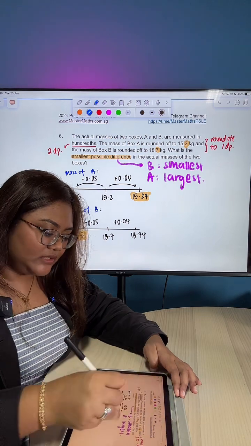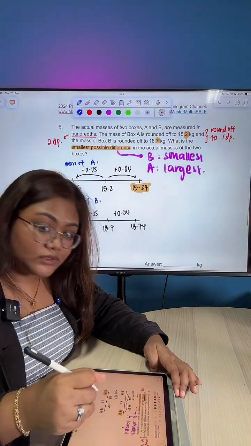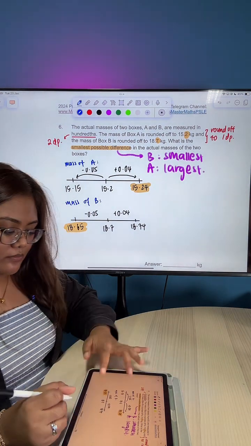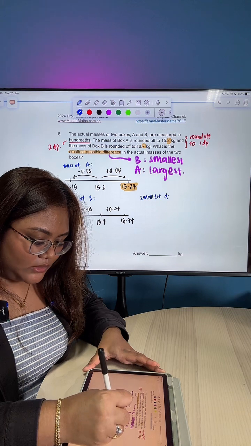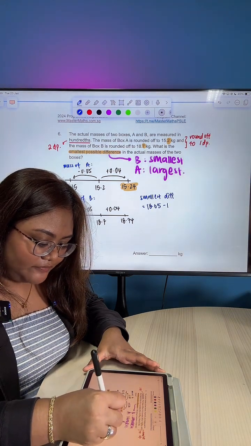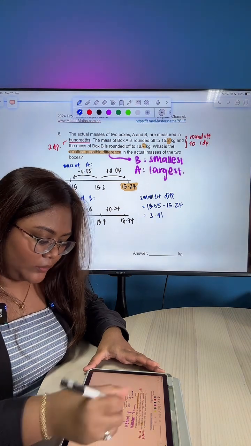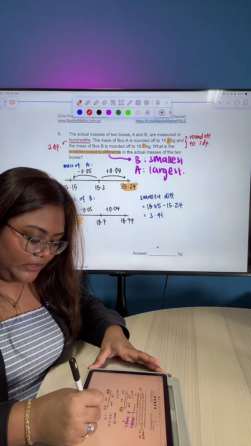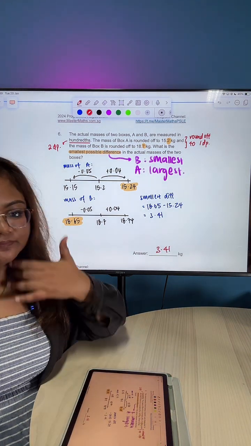Okay, therefore the smallest difference would be 18.65 minus 15.24 to give us 3.41. So the final answer would be 3.41 kg. Clear?